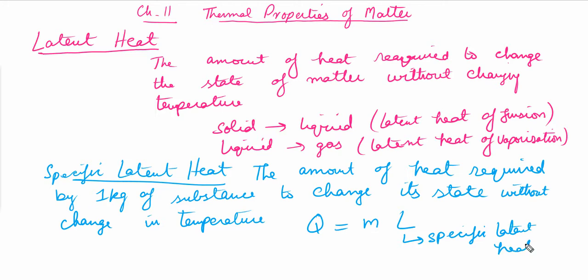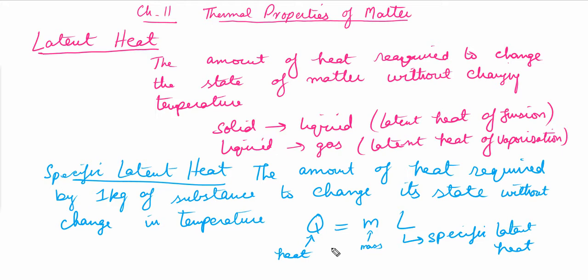If the substance is converting from solid to liquid, it will be called specific latent heat of fusion. If the substance is converting from liquid to gas, it will be called the specific latent heat of vaporization. m is the mass, Q is the heat that has been absorbed. Alright, so this is about the latent heat and the specific latent heat.